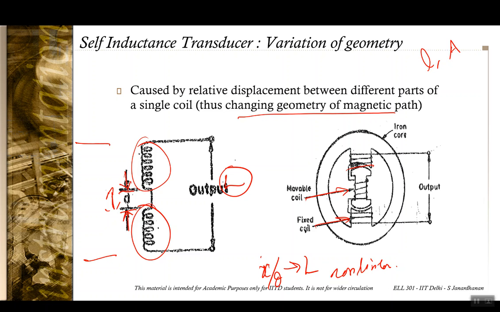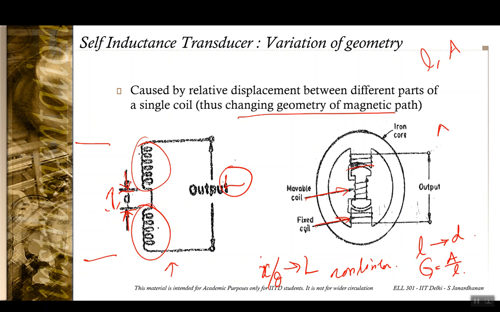Even in the simplest case, the rectilinear case, that is this one, you can assume the length of the path L is directly proportional to the displacement D. However, the geometric form factor was A by L. So now of course it has become a nonlinear relationship.